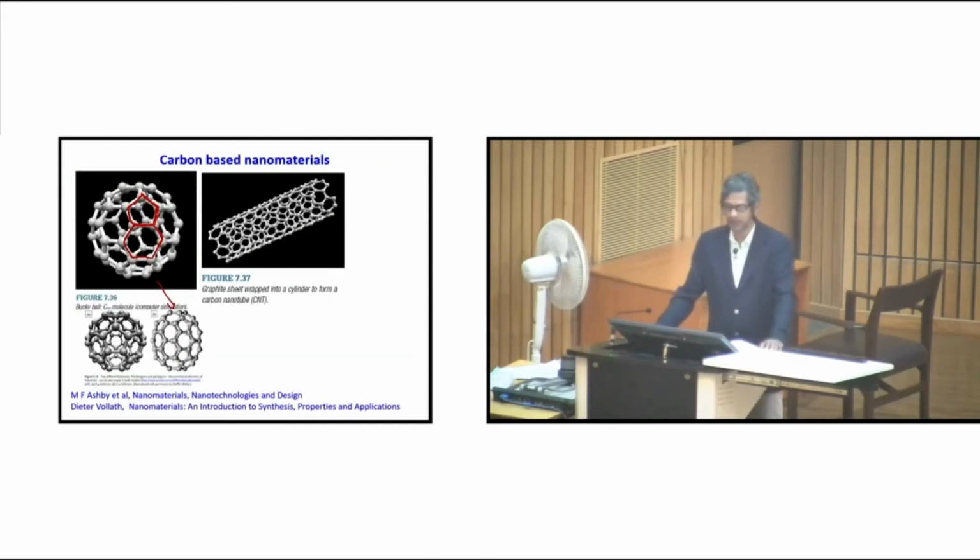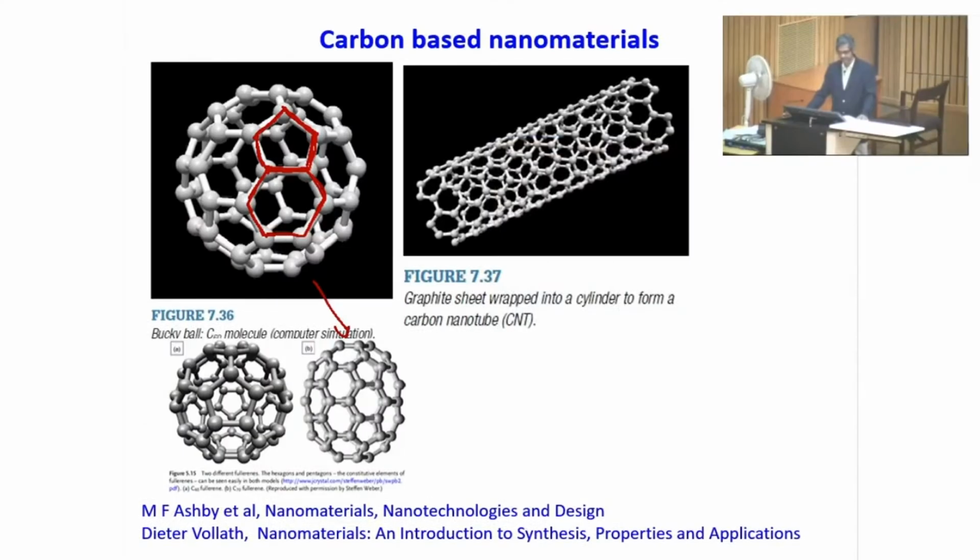What we discussed about the carbon nanomaterials is how carbon can self-assemble to produce different kinds of nanostructures. We started with C60 buckyballs, and showed that by arranging hexagons and pentagons of carbon atoms we can generate these buckyballs.